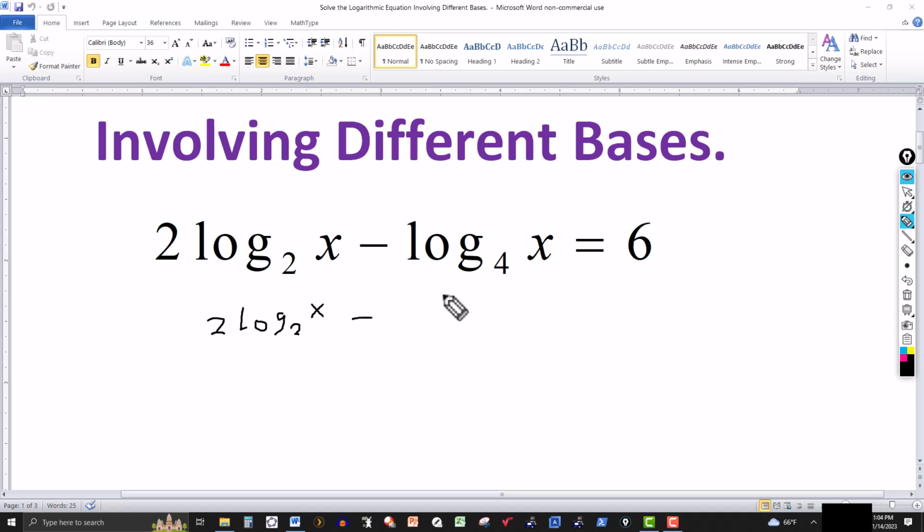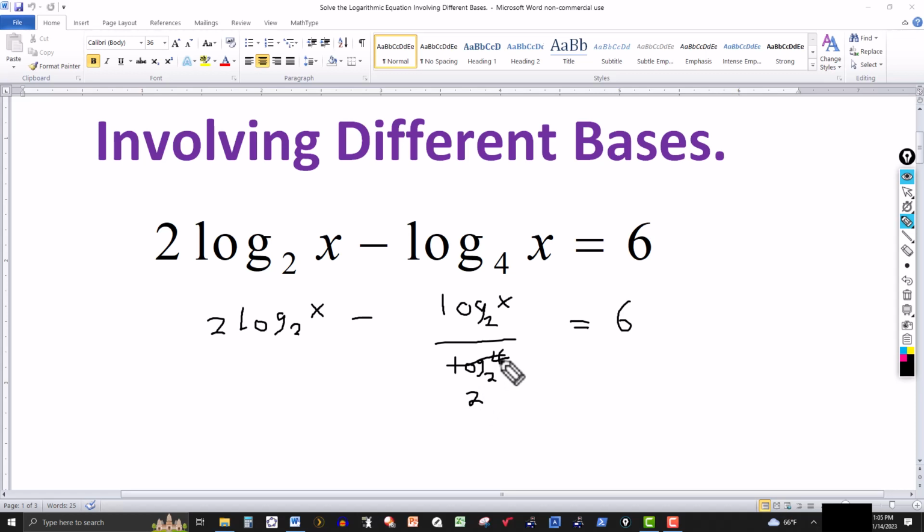Using the change of base formula here, it'll be the log of x base 2, and that's going to be over the log of this base here, which is 4 to base 2. Now we have both expressions to base 2. And that's still going to equal 6. Okay, log of 4 to base 2, that's 2. Because 2 squared is 4.